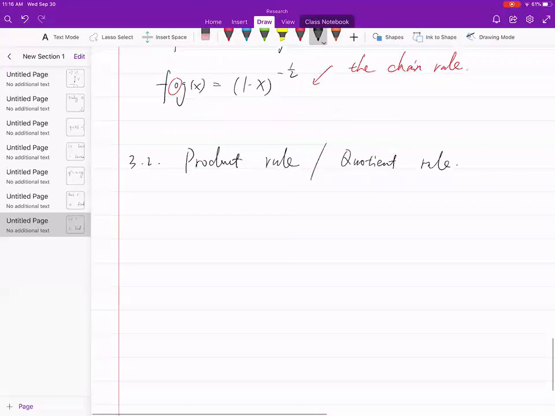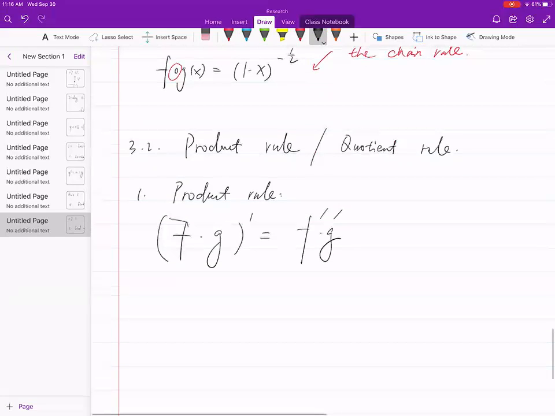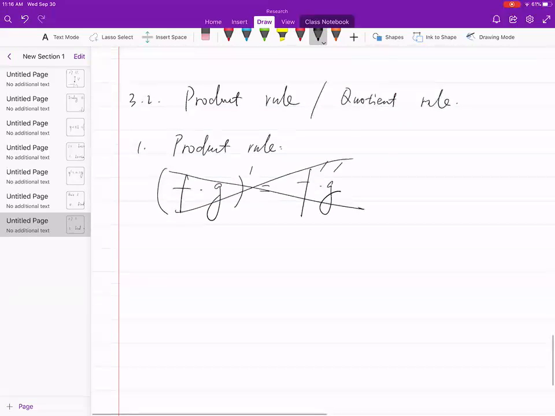We were at product. The key is, number one, this is wrong. No matter how much you want to do it, don't do it. Okay, wrong. Instead, a complicated formula.